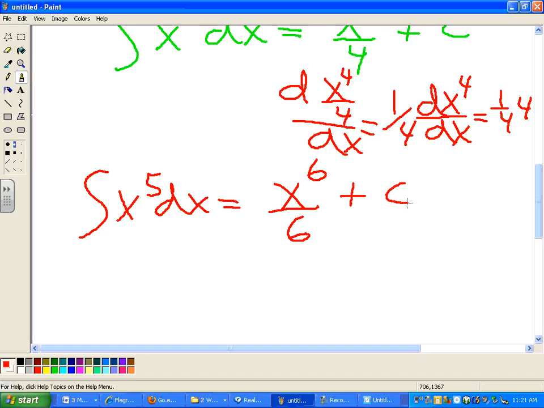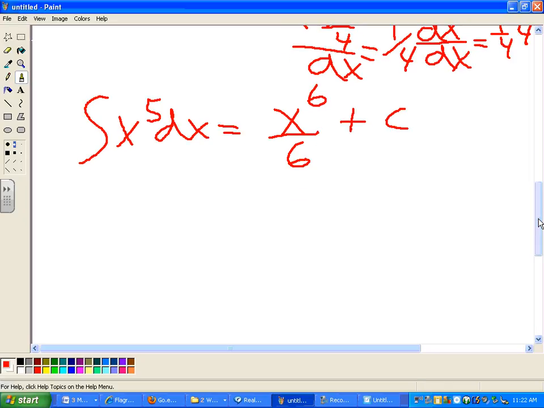So let's try and write this in a pattern so that we don't have to second guess it each time. We generally like to have the letter n stand for the power.